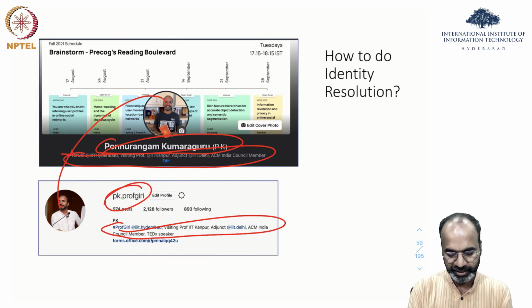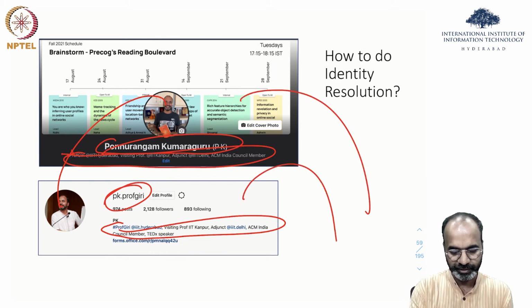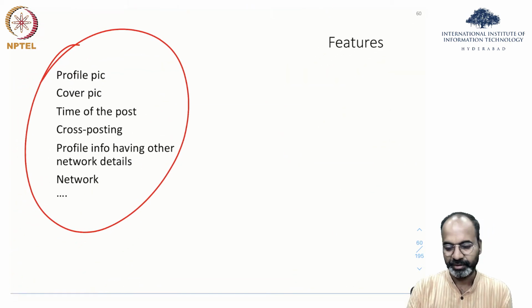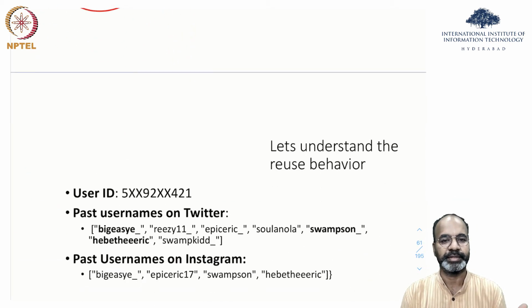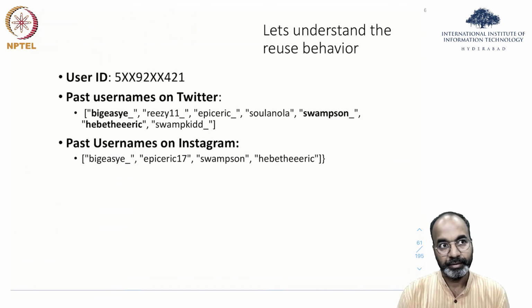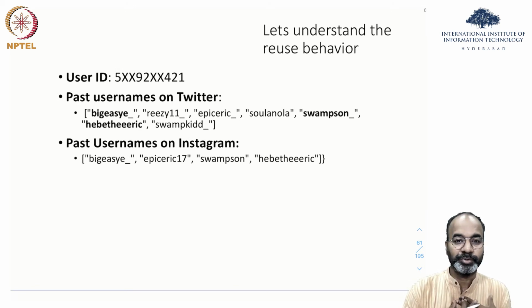You could compare the text profile here, the text profile here. You could compare the cover picture here and a cover picture in Twitter if it was there. All of these comparisons could be made to check whether it's the same person. And not necessarily only knowing the current handle, because my current handle is Ponguru, my current handle is pk.profgiri in Insta.